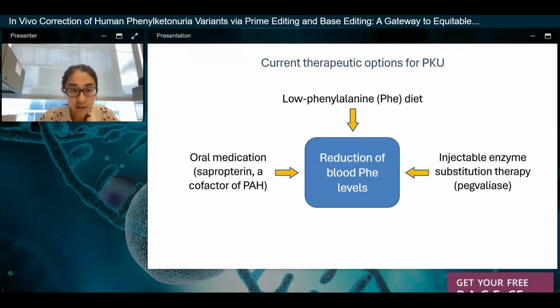All of these are chronic interventions that one has to take for a lifetime. So what if we could develop one-and-done genome editing therapies that could directly correct the pathogenic mutations?